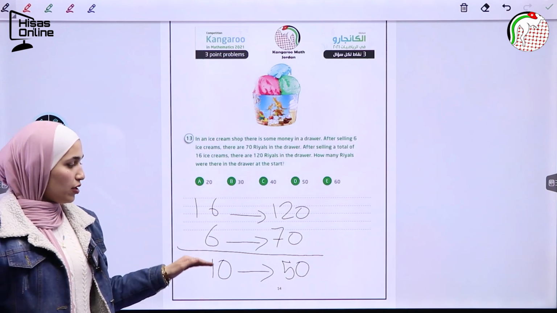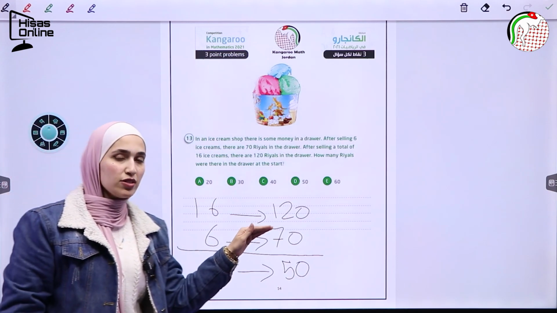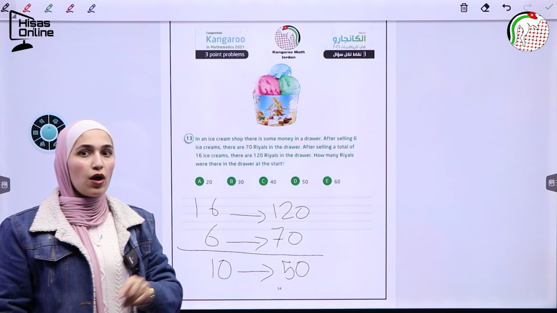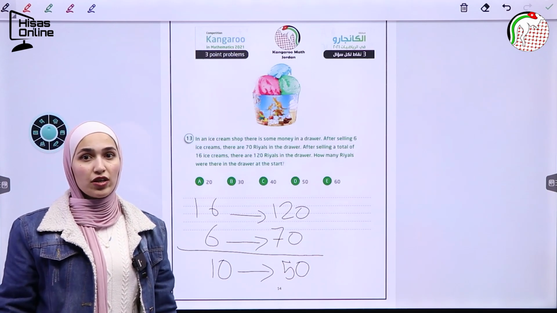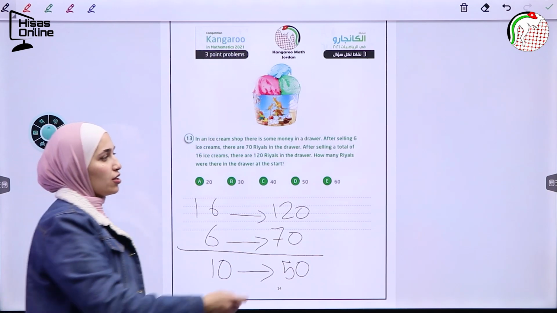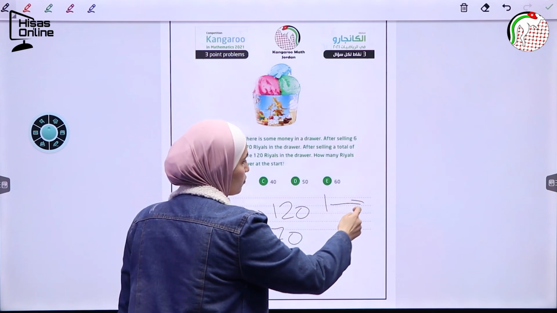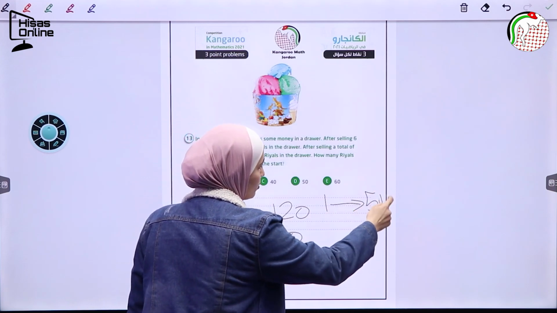So the price of 10 ice creams equals 50 reals. So how about the price of 1 ice cream? Excellent. So 1 ice cream price is 5 reals.